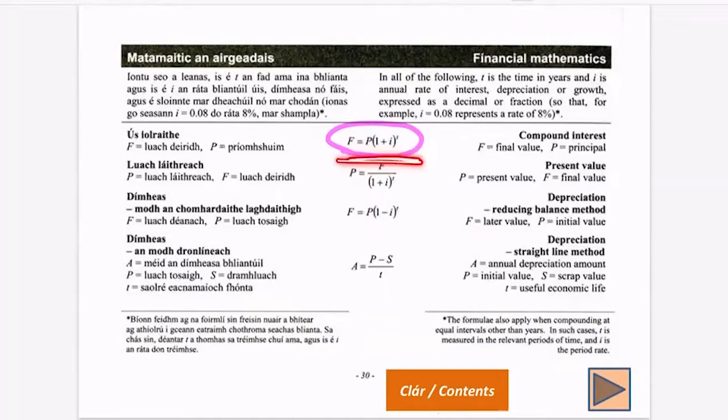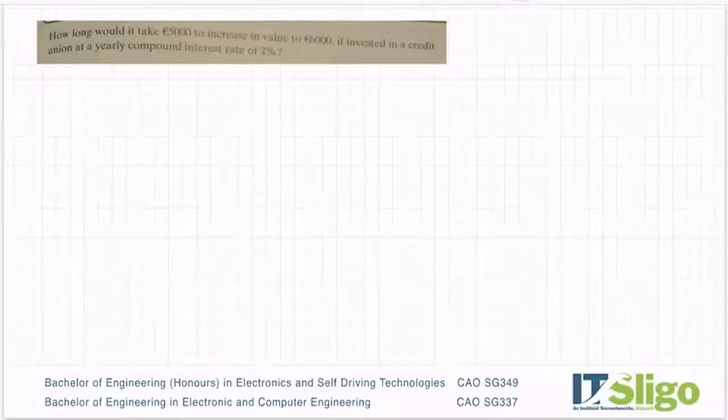You'll be using it again in Leaving Cert, but the compound interest formula tells you that F, the final amount, is equal to P, the principal amount, times 1 plus i to the power of t. Now it's a bit hard, especially if you're in fifth year and you're doing logs before financial maths, to know that that was the formula to use. But rest assured that will get easier because you'll have all the chapters done by the time you sit your Leaving Cert.